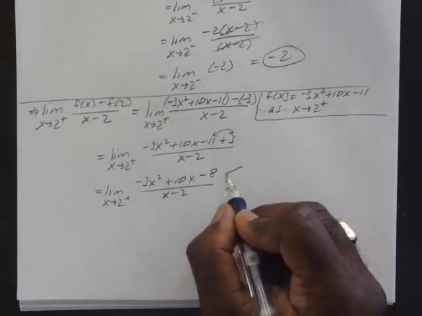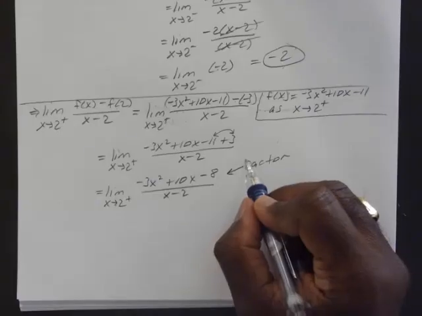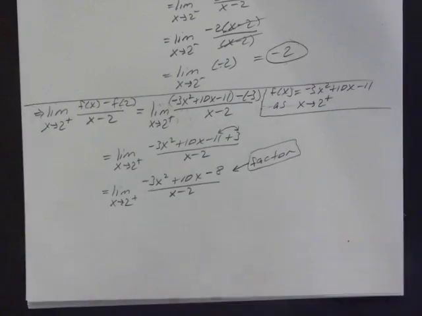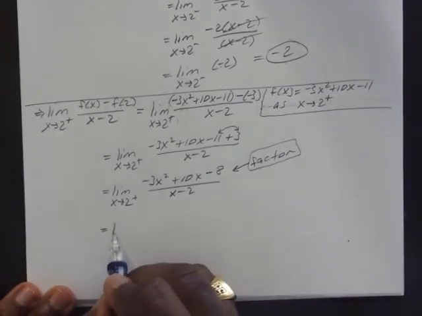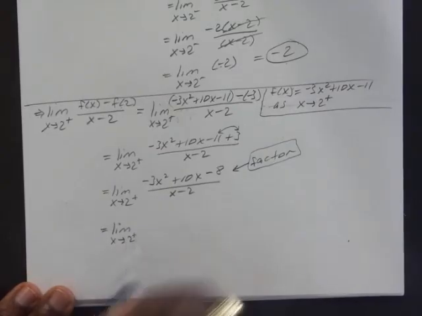Okay. We can actually go ahead and factor your numerator. You can use the quadratic formula, A times C method, whichever method you like. So you have the limit as x approaches 2 from the right.